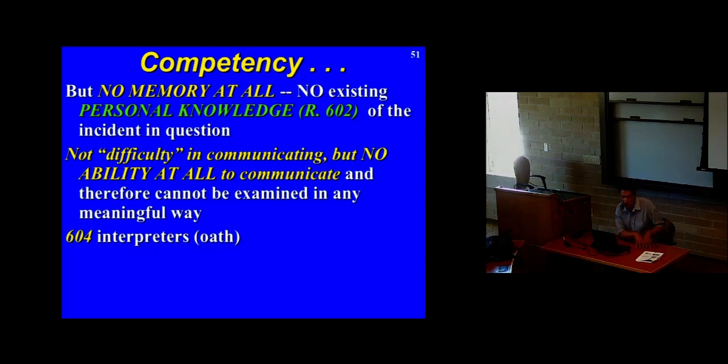An interpreter is not a witness because they didn't witness anything pertinent to the case, but they are, in a sense, a witness to what someone is saying in a different language, and they're promising just to translate it into the language of the court so that the witness and the court can understand what they're saying. Their oath is just that they're going to interpret in a fair way.